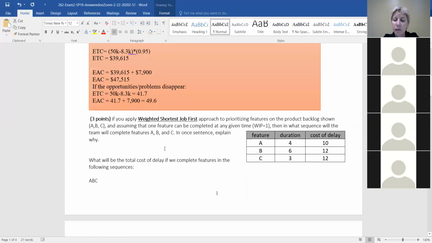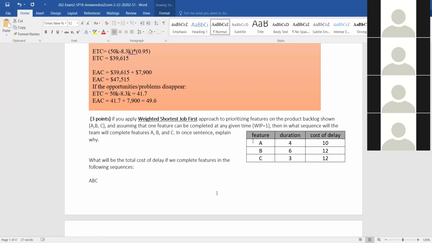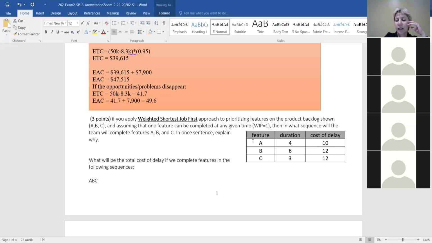You want to do the weighted shortest job first? I'll just change the numbers here. Is anybody interested in doing this? No? Waiting for suggestions. Nico, what do you think? Nico?